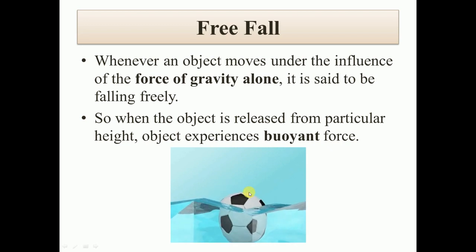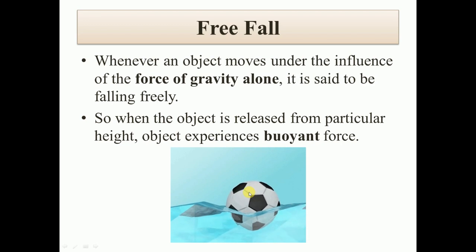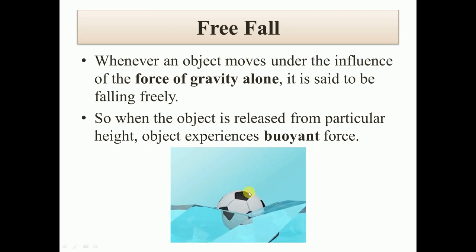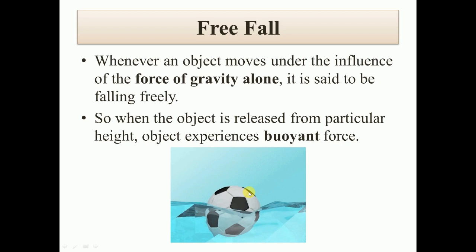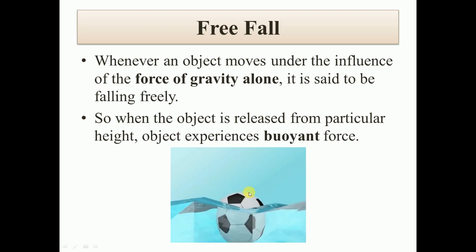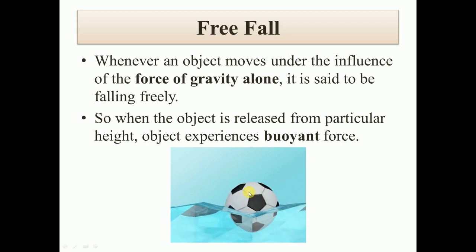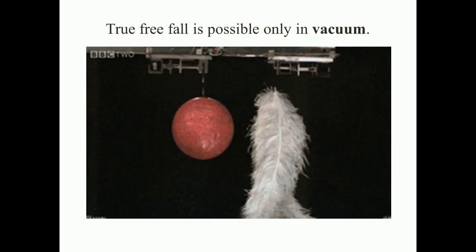Now I'll show you one simple example of a vacuum, where you can see that free fall is possible only in a vacuum. In a vacuum there is no air, and if there is no air, there are no buoyant forces. Now this is the vacuum, and there is no air here.